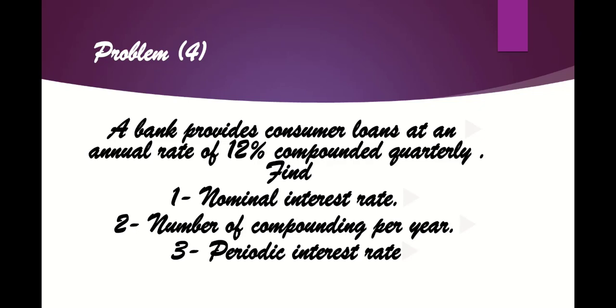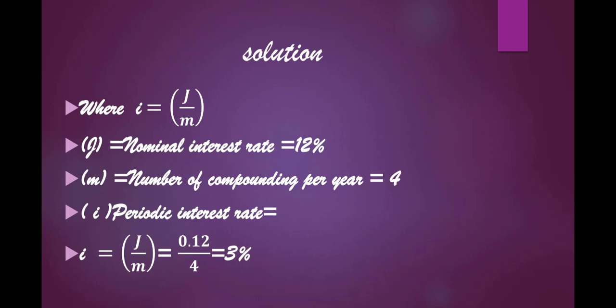Note that we symbolize the nominal interest rate with the letter J, the number of compounding per year with the letter M, and the periodic interest rate with the letter I. Solution: to get I, we will divide J, nominal interest rate, over M, number of compounding per year.